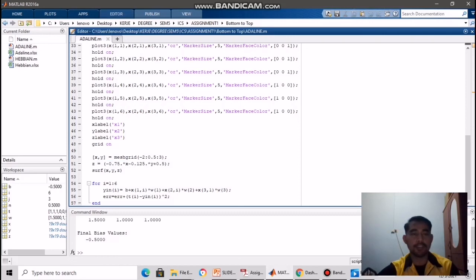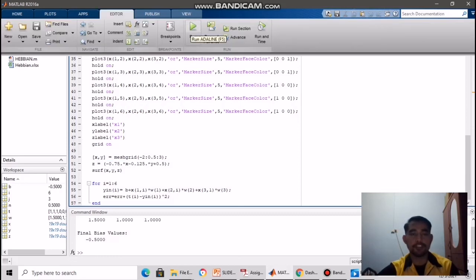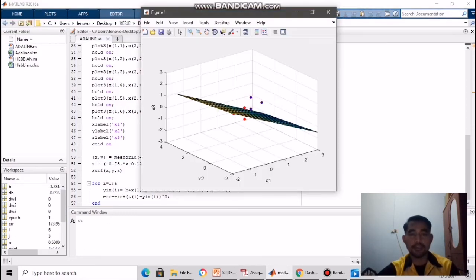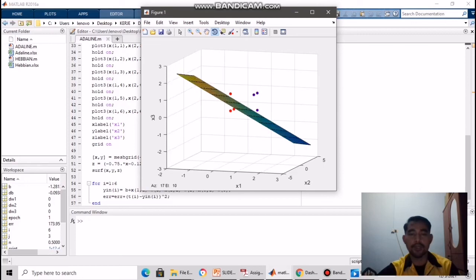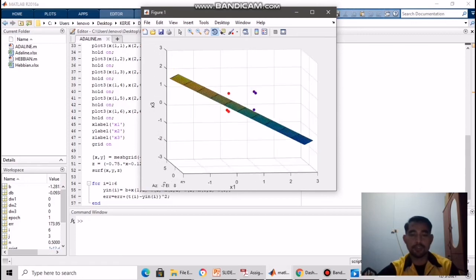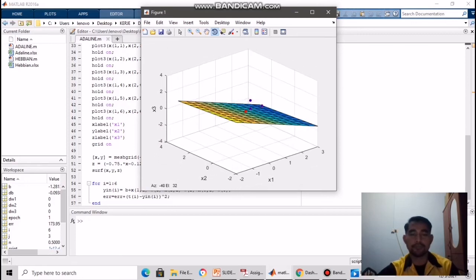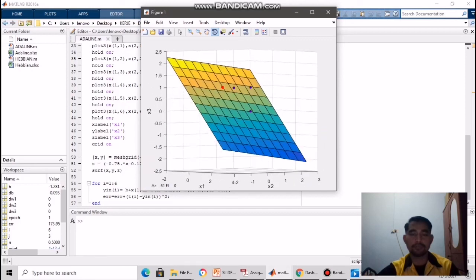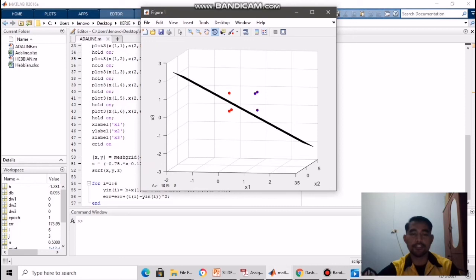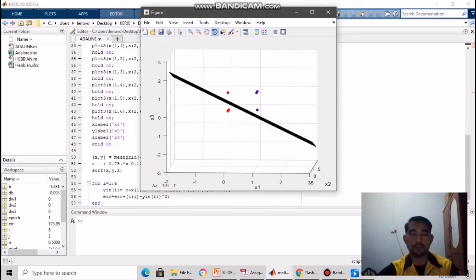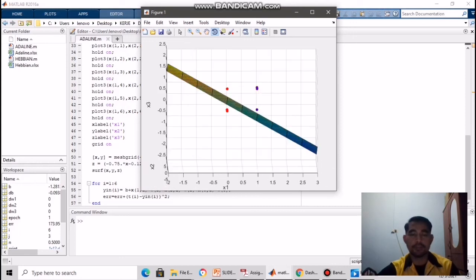So let's take a look at the simulation, and shockingly, we got this kind of output, 3D output. So that's all for Adaline's pre-trained part, the bottom to top sequence. Thank you.